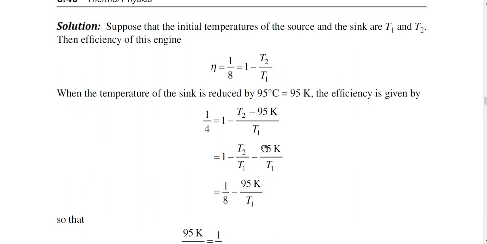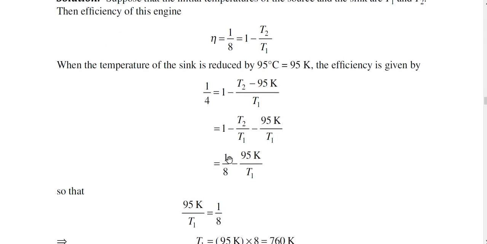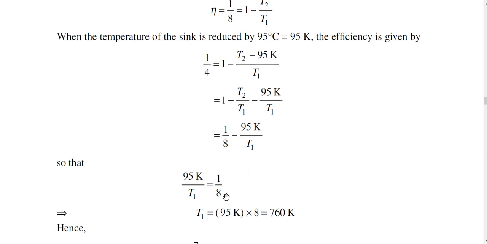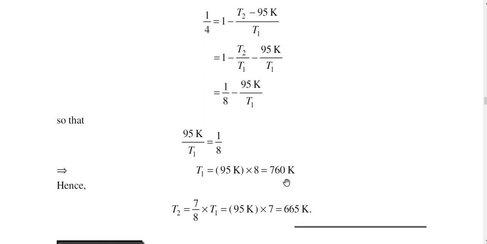Now, after simplification, I can write this as 1 by 8 minus 95 Kelvin by T1, and by solving it appears that T1 is equal to 760 Kelvin. So, if T1 is this, then I can write that T2 is equal to 7 by 8 into T1.